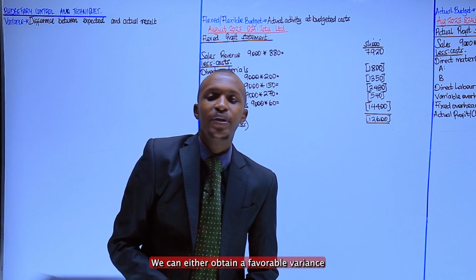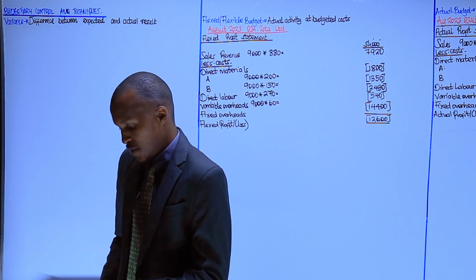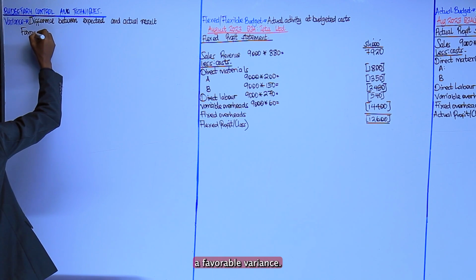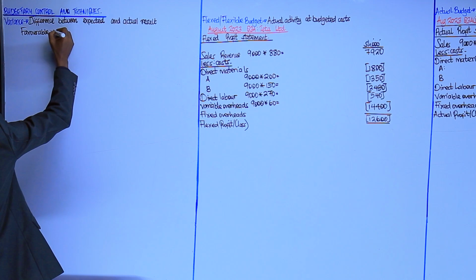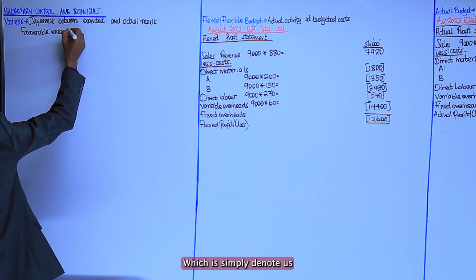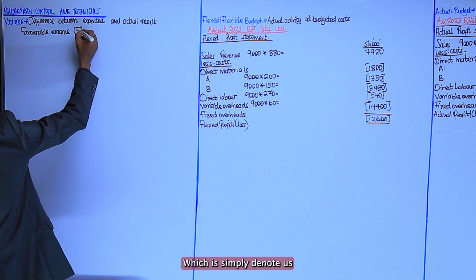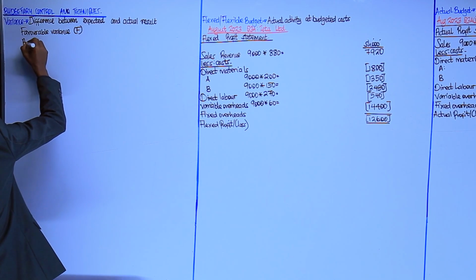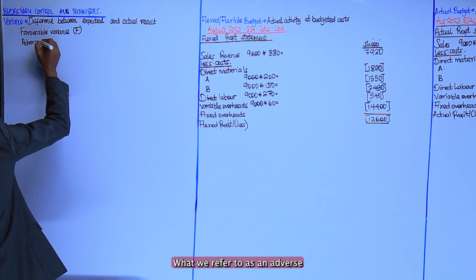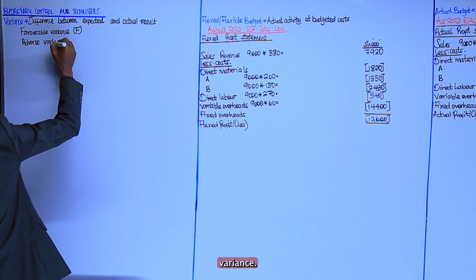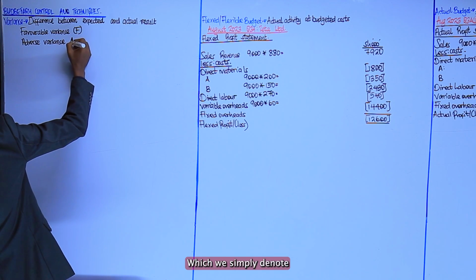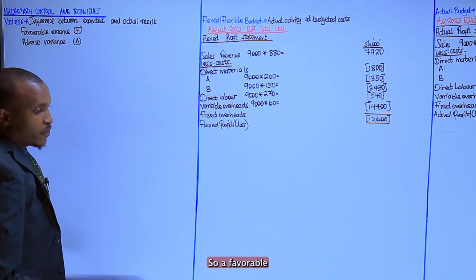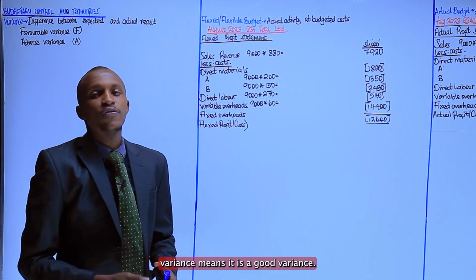We will have either a favorable variance, which we simply denote as F, or an unfavorable variance, what we refer to as an adverse variance, which we simply denote as A. So a favorable variance means it is a good variance.